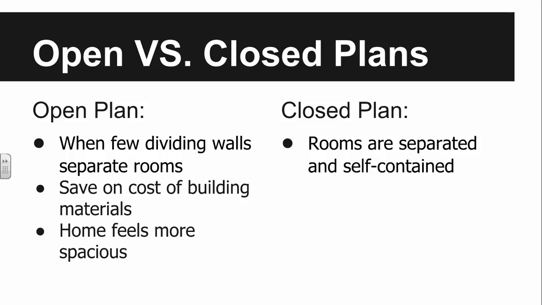It's very open, and you use your furniture to divide up the space with area rugs, placement of furniture, etc. What's nice about this open concept is that you can see all aspects of the house at once. It also saves on the cost of building materials because you don't have to build walls or have insulation, etc. So it is nice in that regard.